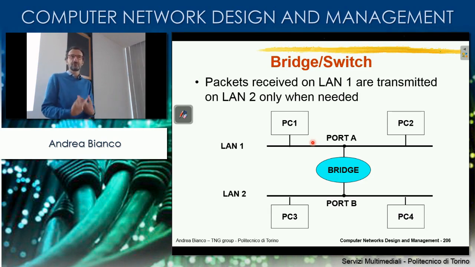And the only way is that every bridge, every switch forwards any multicast or broadcast packet on any port. Of course, you don't have to retransmit. So for example, if you get a broadcast packet on port A, you don't need to send it again on port A. You have only to send it on the remaining set of ports. But at the end, this packet is going to be sent on any segment of the network.